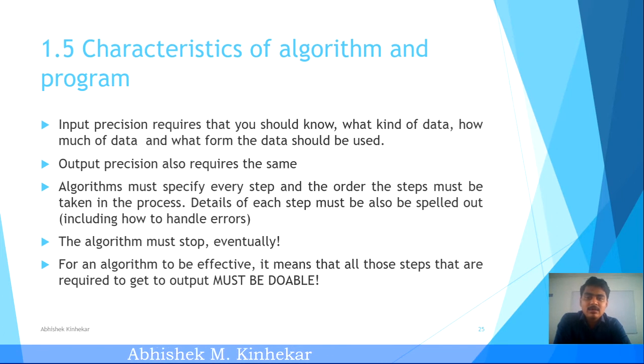Now, apart from these two, the algorithm must specify each and every step and the order of steps, that is the sequence of process. Correct? And the details of each step must be spelled out, including all probable errors. This is called definiteness. Why is this important?